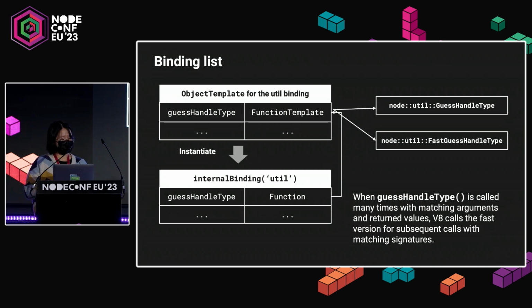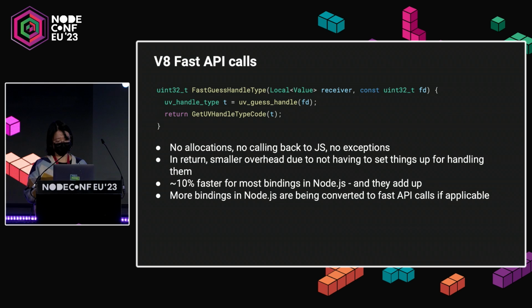When this function is run many, many times in the JavaScript land, and the argument and the return type is always matching the fast version that we have here, the next time V8 calls the function, instead of calling the original version of the binding, V8 would inline the conversions for us and call the fast version.